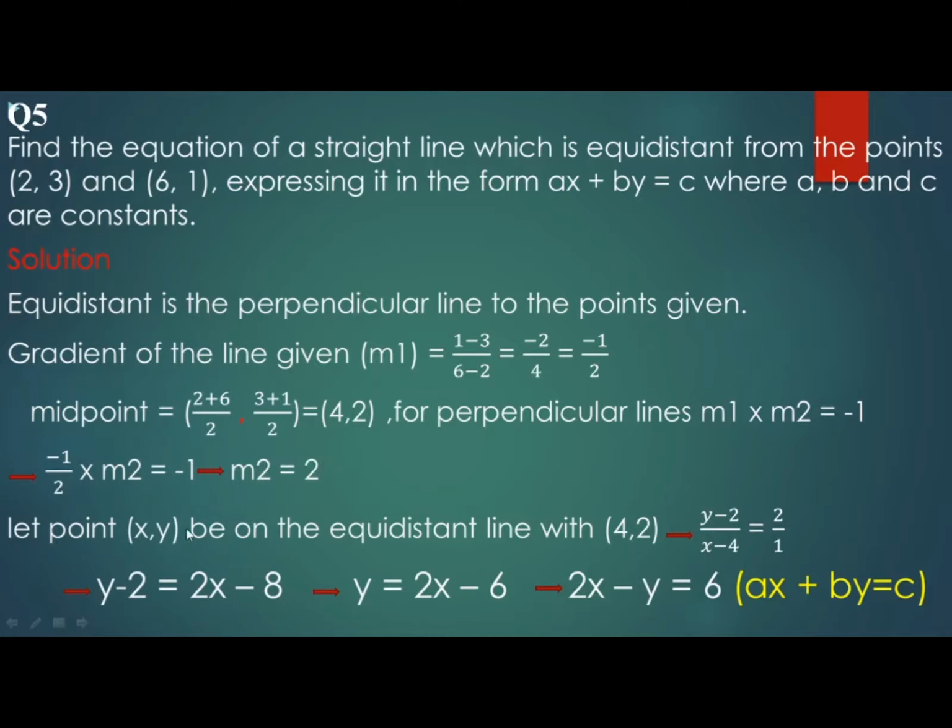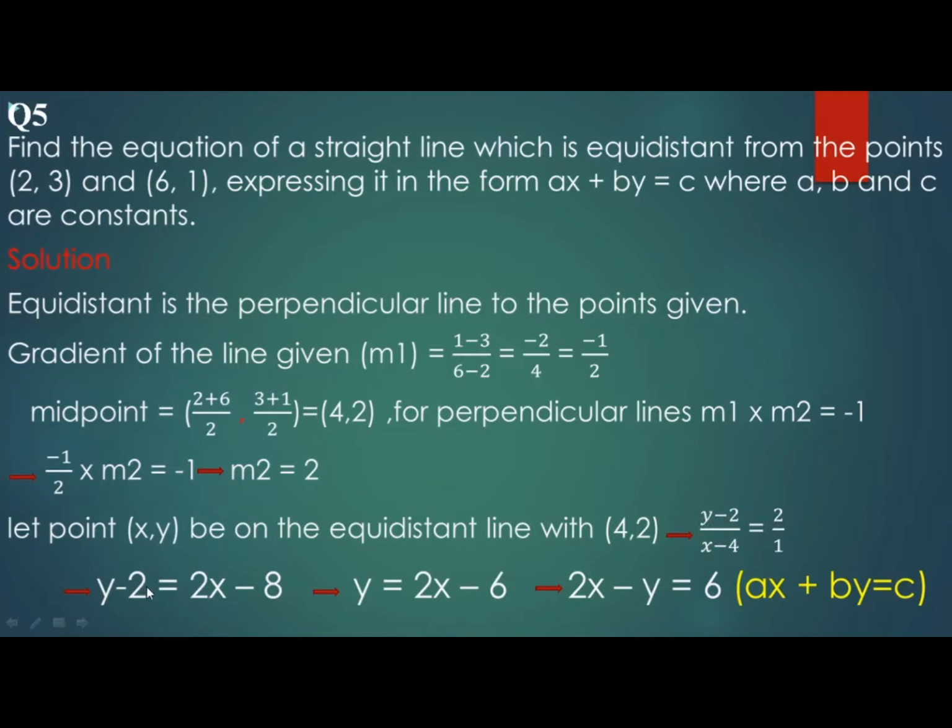So we let another point (x, y) be on the line that will pass through (4, 2). So y minus 2 all over x minus 4 equals the gradient that I have found, which is 2 over 1. So I cross multiply: 1 into y minus 2 equals 2 into x minus 4.